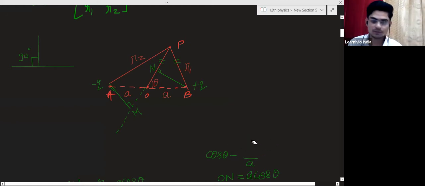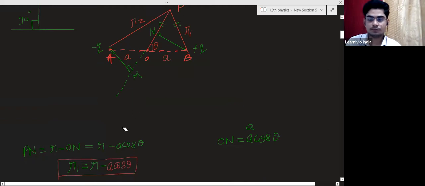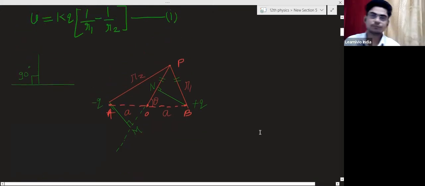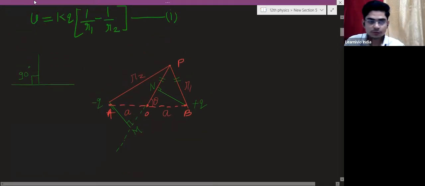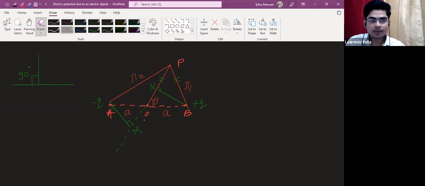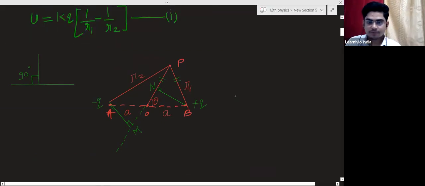I need a space. So now we are doing the calculation for R2. So here PM will approximately equal PA, because we have drawn this perpendicular like this, and PA is equal to R2. And how can we write PM?